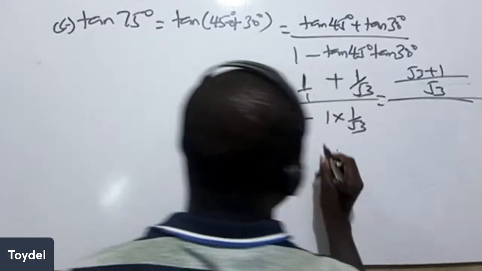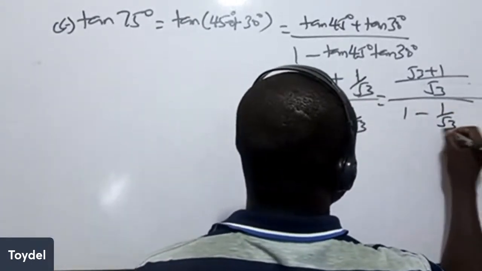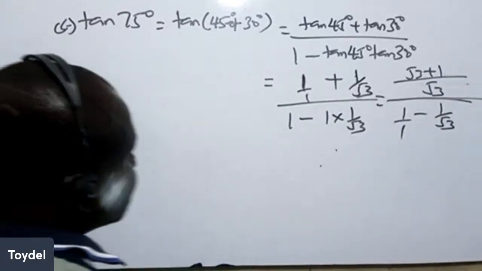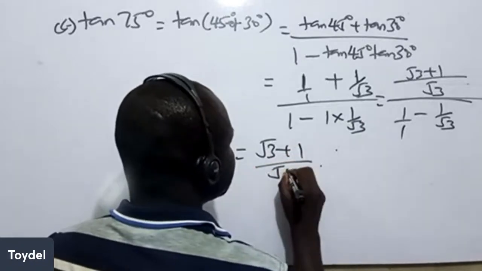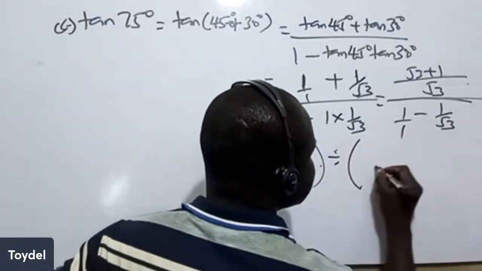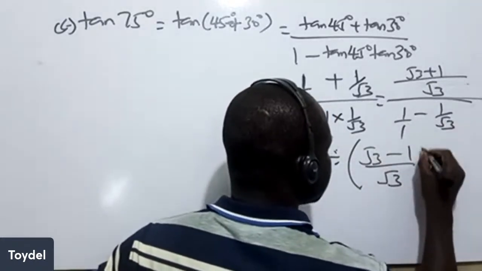At the denominator, we are going to have 1 minus 1 all over root 3. So we also find the LCM at the denominator. At the end of the day, we have root 3 plus 1 all over root 3 for the numerator, divided by, let's find the LCM of the denominator, root 3, that will be root 3 minus 1.